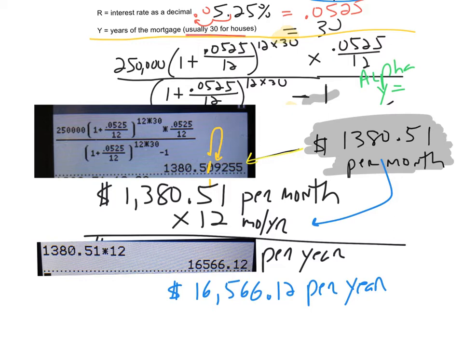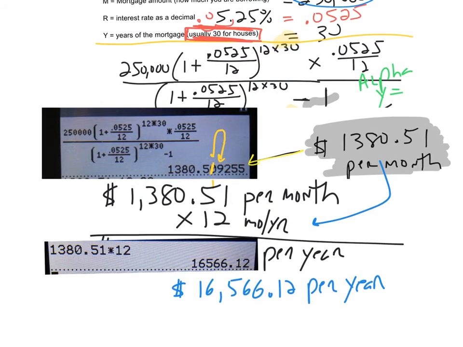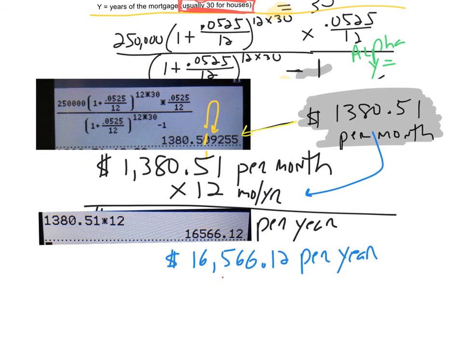But remember, mortgages are 30-year mortgages mostly for houses. So now you're going to take this number that you pay per year, multiply it by 30. So that'll give you the money that you pay over the entire 30-year mortgage. So take that previous answer, multiply that by 30 on your calculator.